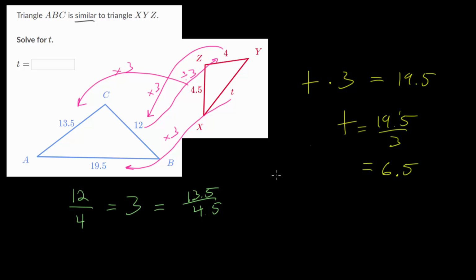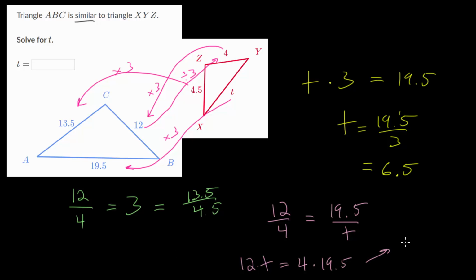And remember, we could have also set up an equation to solve for t, where we said that, comparing the smaller sides, 12 over 4 is equal to the ratio of the bigger sides, 19.5 over t, and then solve this equation for t. Multiply each side by t, multiply each side by 4, we get 12t is equal to 4 times 19.5.